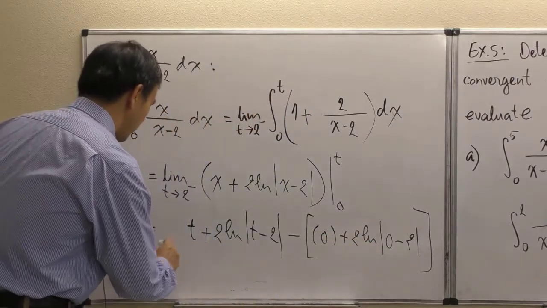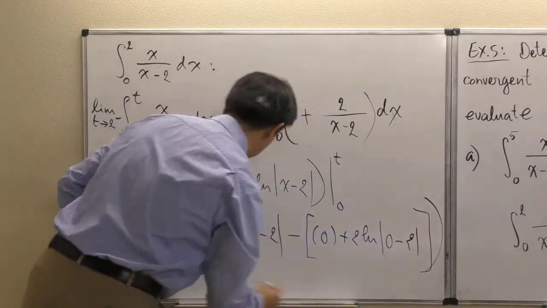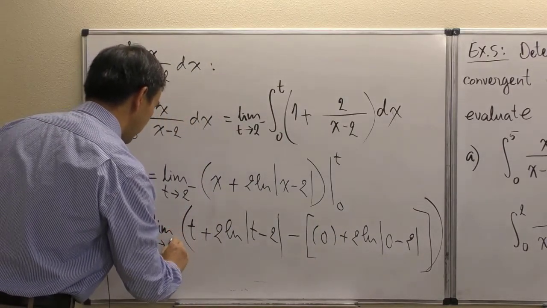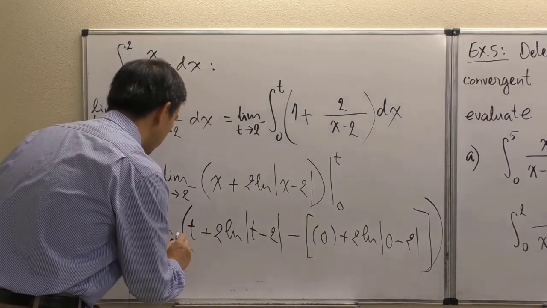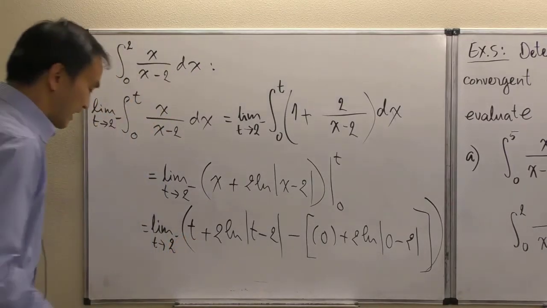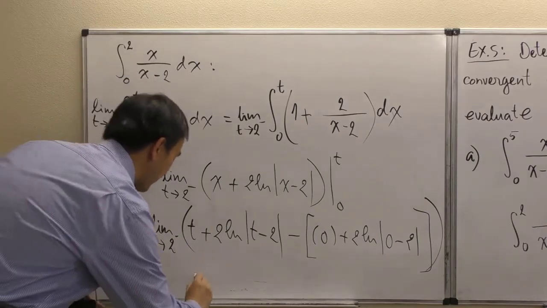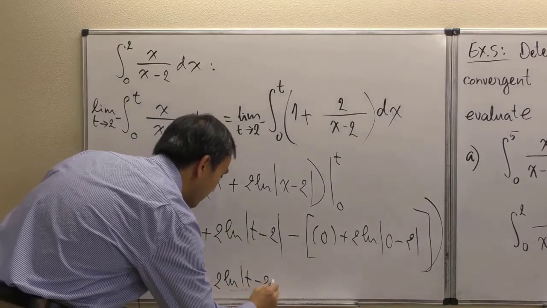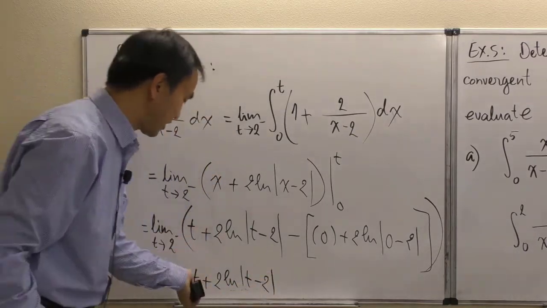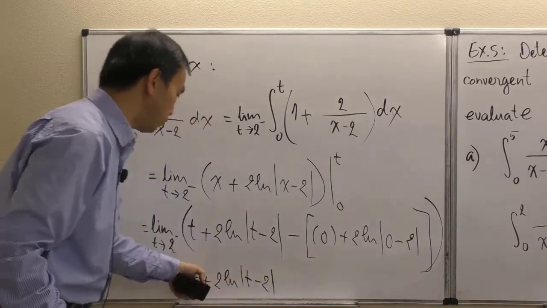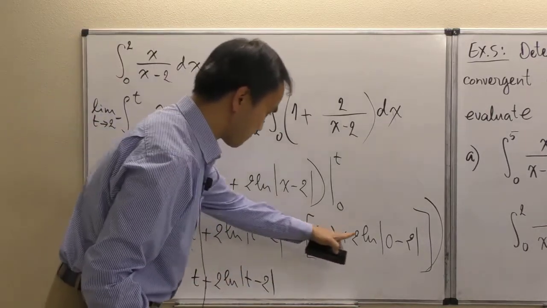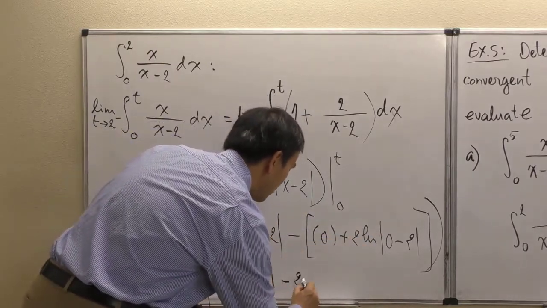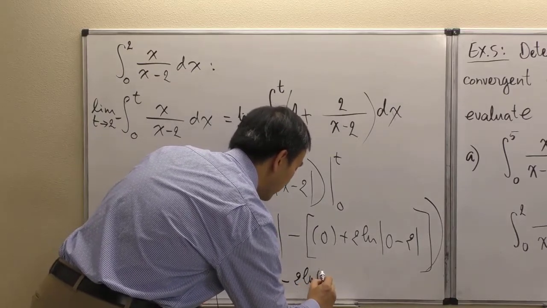By the way, we still need to realize that it's a problem where we take t eventually to 2 from the left-hand side. So in my next step, I'm looking at t plus 2 natural log of t minus 2, and we keep turning our expression into an expression completely in terms of t. And due to that minus sign, that gives me minus 2 natural log of negative 2.